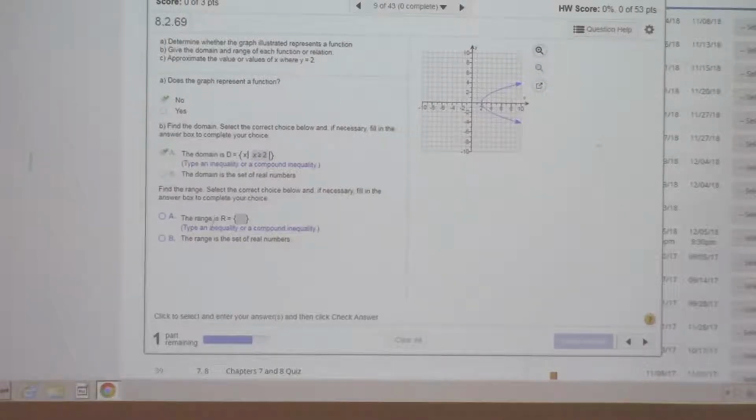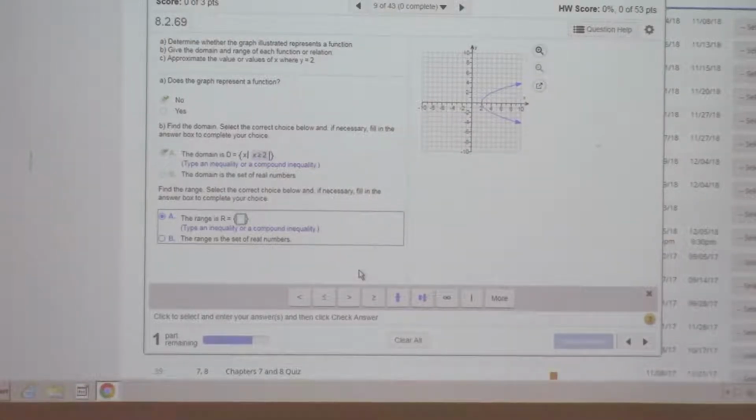So this is, let's see, negative infinity, and then, yes, we can type an inequality, it says.